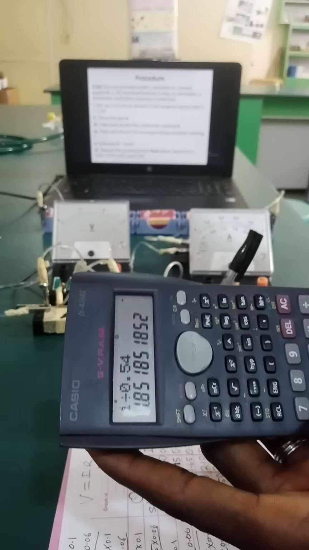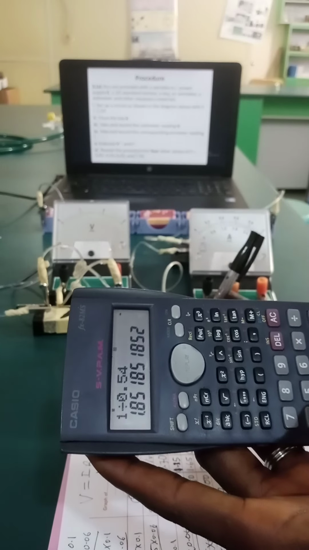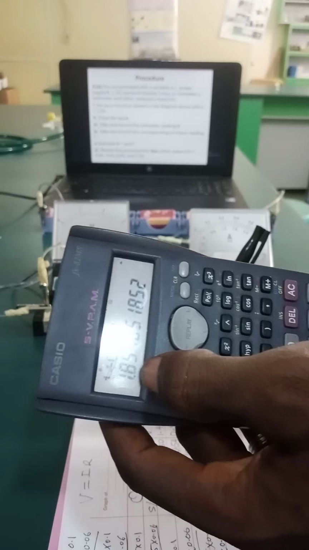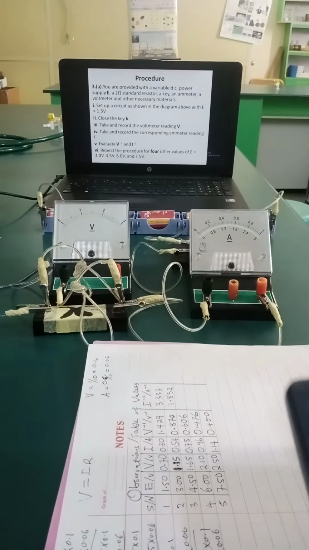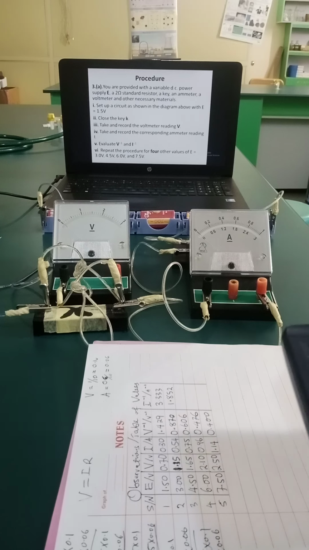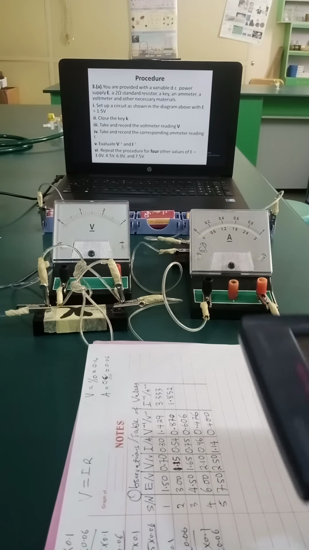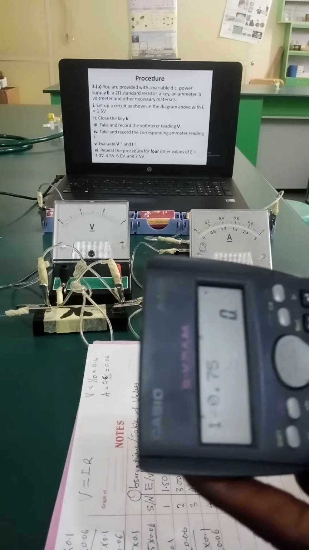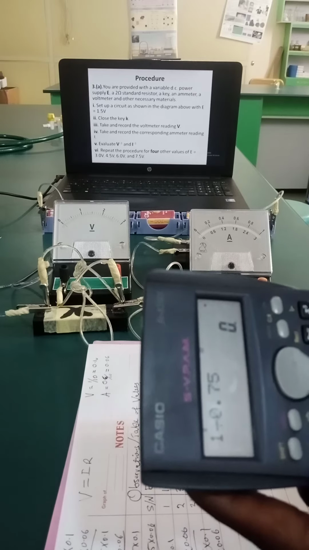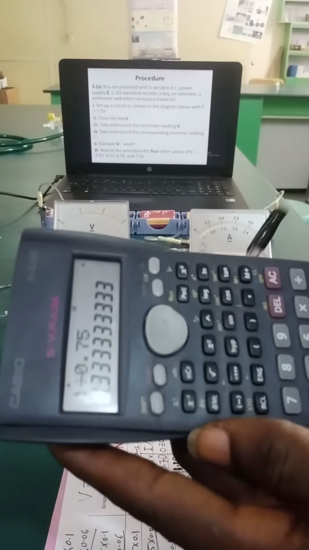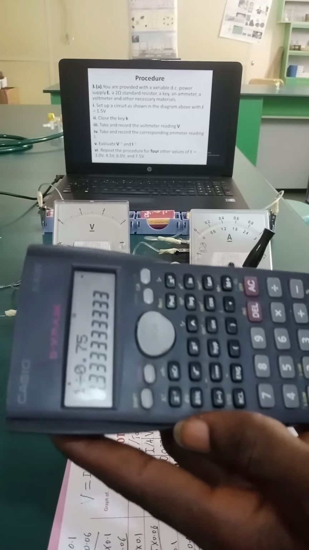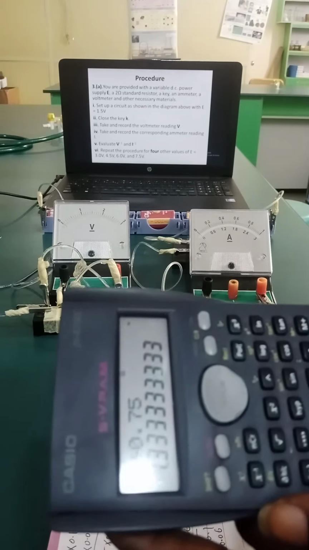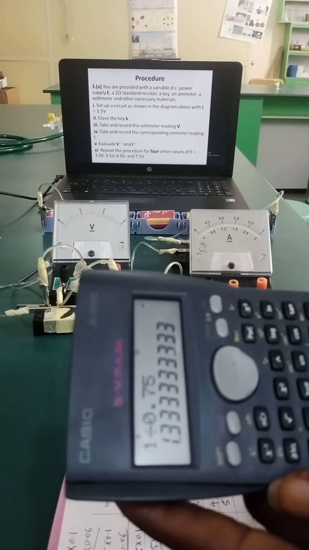If you do that, you have 1.852. The next one is 1 divided by 0.75. If you do that, you have 1.333.